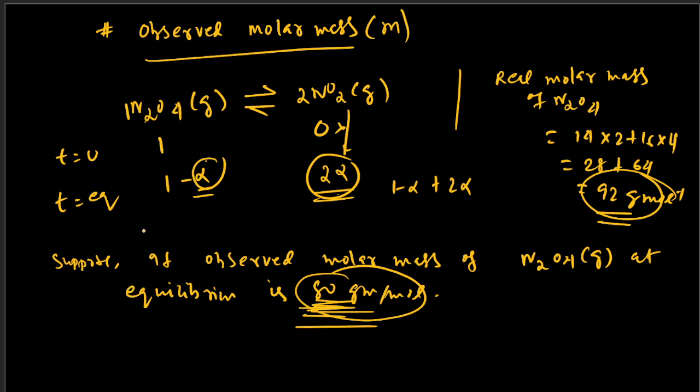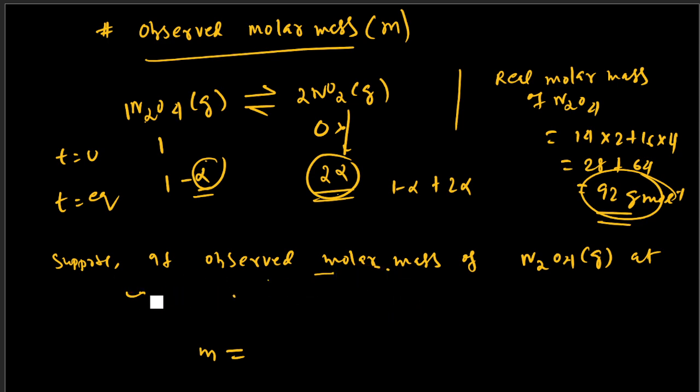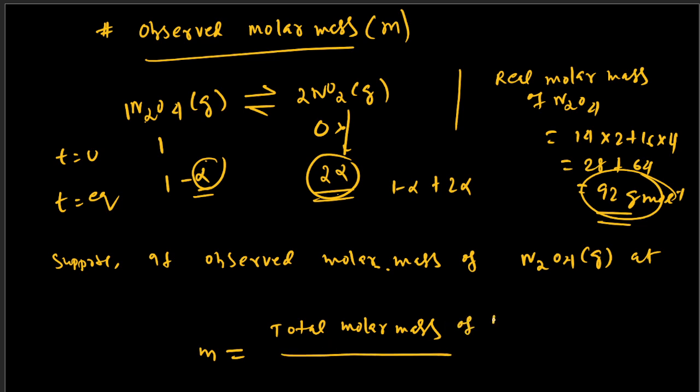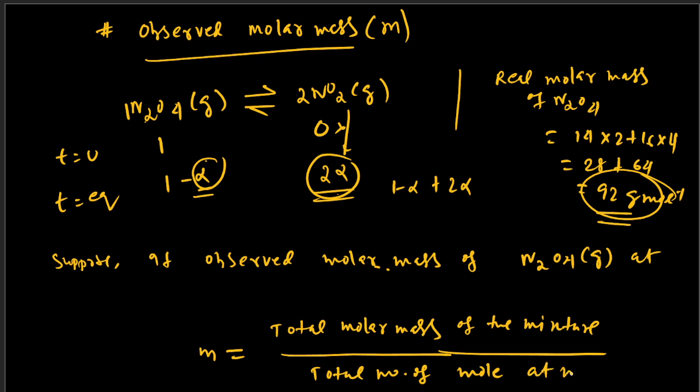So if I say the observed molar mass, denoted as M, it is the total molar mass of the mixture divided by the total number of moles in the mixture at equilibrium.